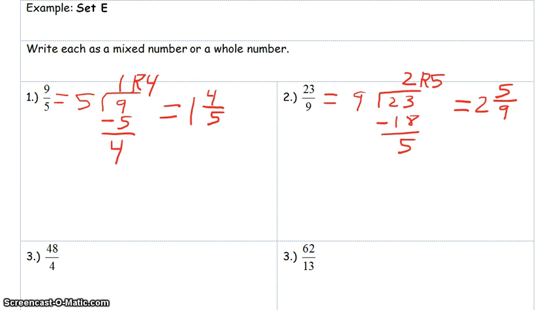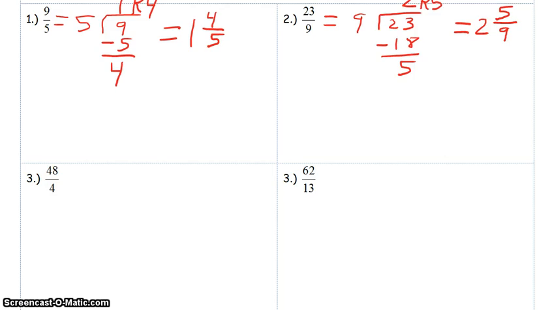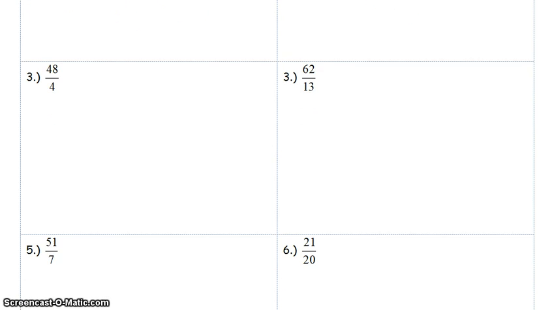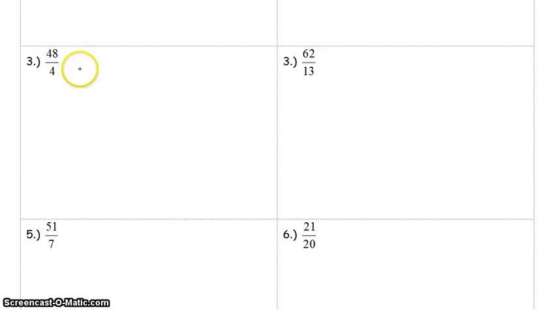Now we scroll down to problem number 3. Now what we need to do here is the same thing. We would take 4 into 48. 4 goes into 4 one time.